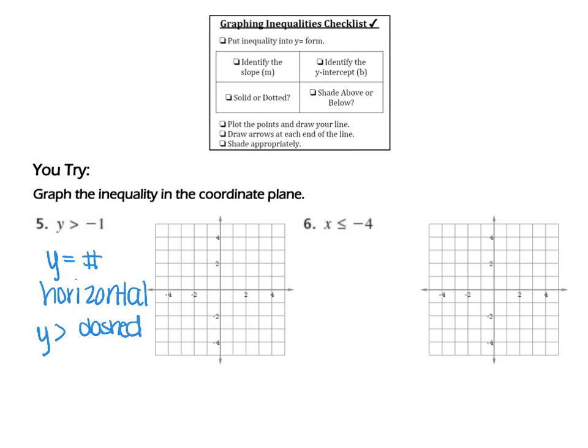And greater means that I shade above. So I'm going to draw myself a dashed line horizontally at -1, and I'm going to shade above that line.